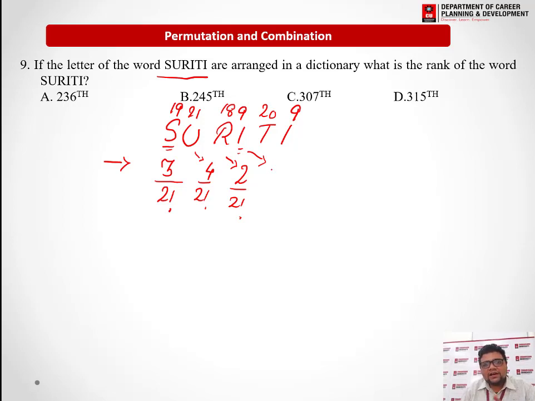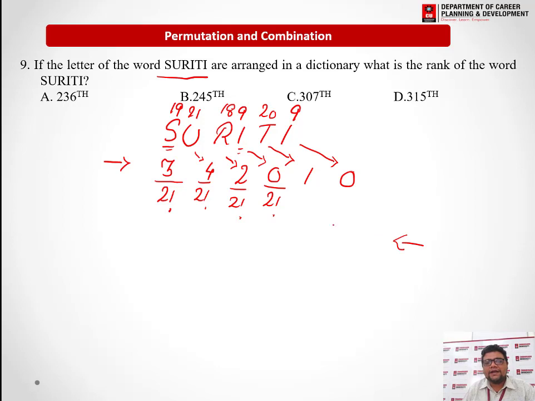So here for I, no one is lesser than I, so 0 divided by 2 factorial. We have to write 2 factorial on the first one of the repetition. So for now we will not write, it will be 1, and for I it will be 0.